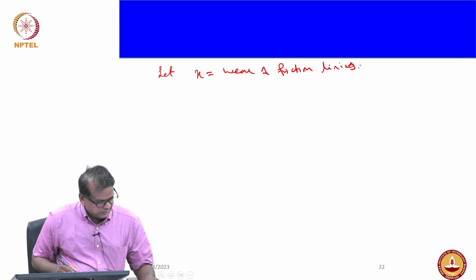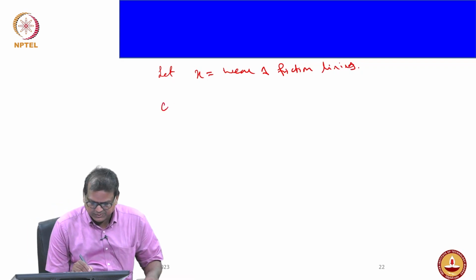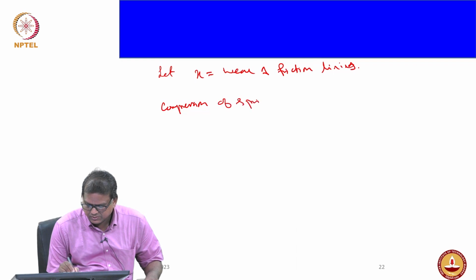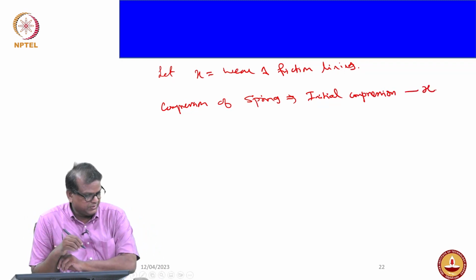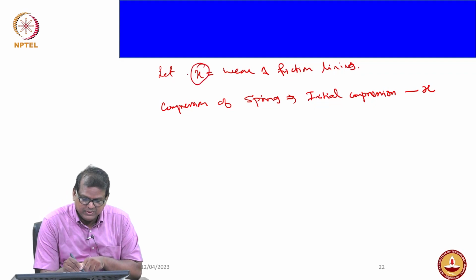So the compression of a spring. Initial compression minus x, how much is wearing out, that is what we need to know, because we do not know how much is going to be wearing out.